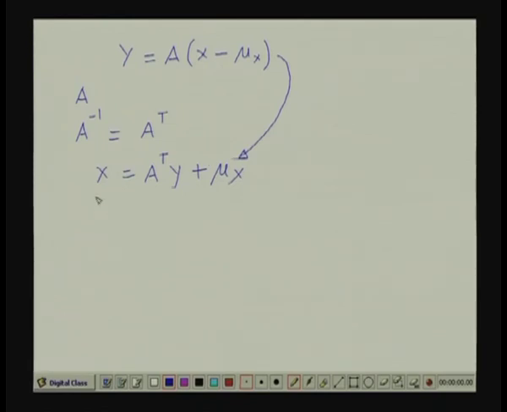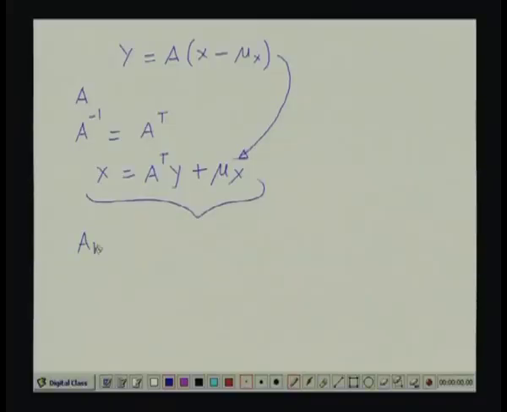Now, the important property of this particular expression is like this. Suppose this matrix A has been formed by using all the eigenvectors of the covariance matrix Cx. Now, suppose I make a transformation matrix where I do not take all the eigenvectors of the covariance matrix Cx.